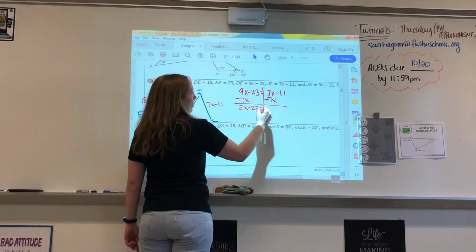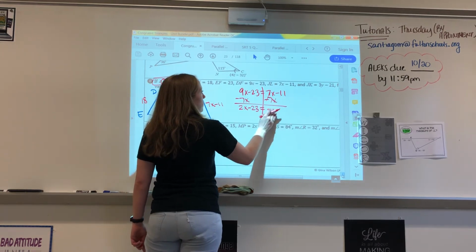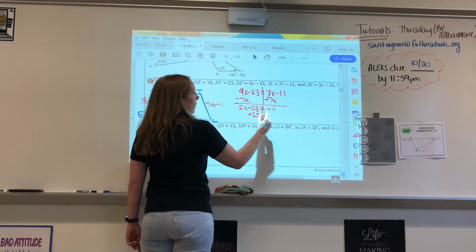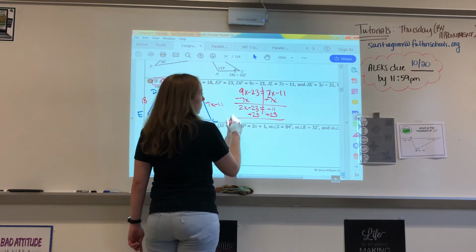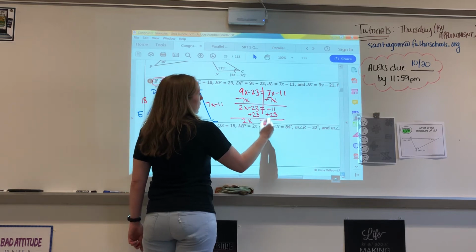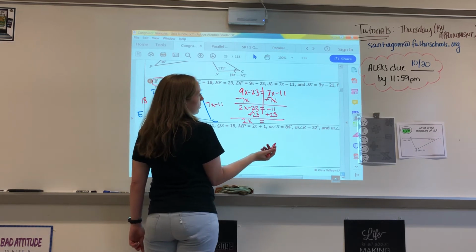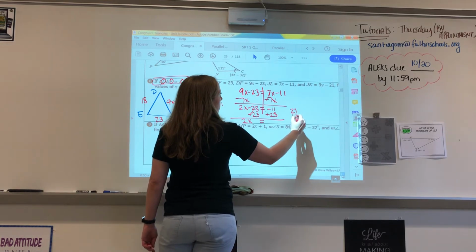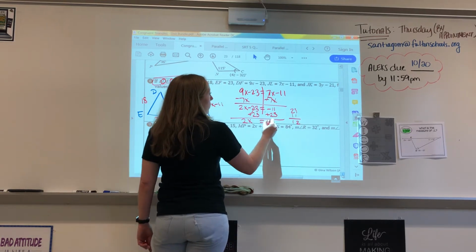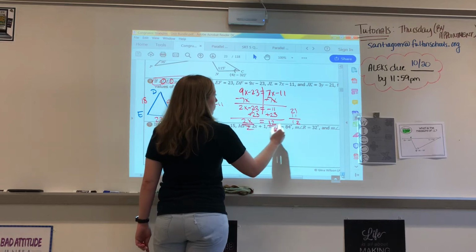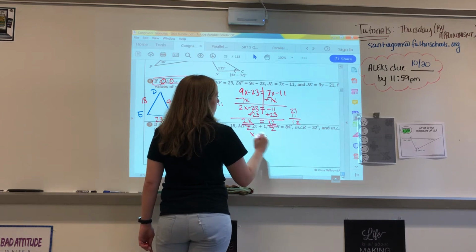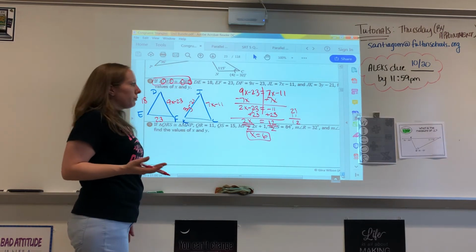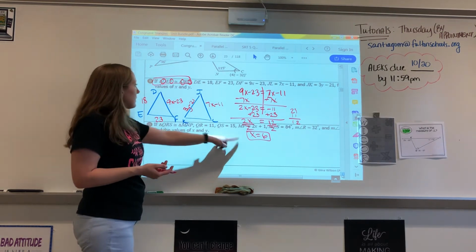Bring down negative 23 and negative 11. Add 23, moving my constants to the right. I have 2x equals 12. Even this messes with my brain sometimes. 12 divided by 2, x equals 6. Ta-da! So I found x, now let's find y.